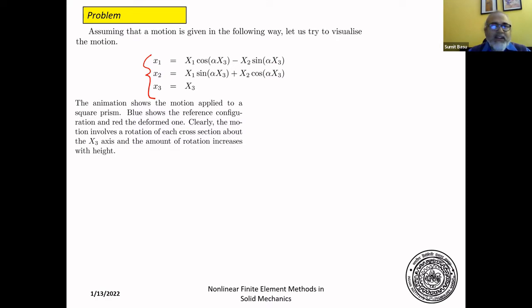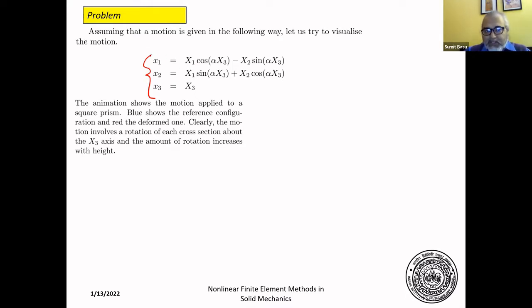I could have started with a sphere or any other shape. I thought that a rectangular prism is the nicest way of depicting this motion pictorially. It's not that the motion is tied in any way to the shape of the body.